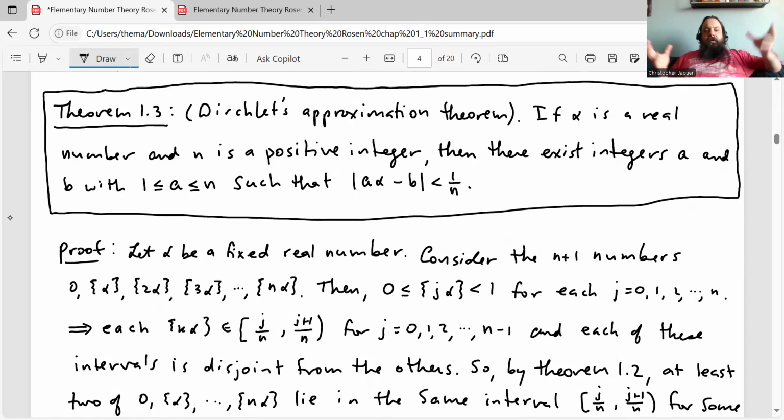I don't know if a student that's just seeing number theory for the first time would come up with this proof themselves, but it is a great example of a nice simple proof in number theory that shows the sort of beauty of the subject. So anyway, let's go through it.